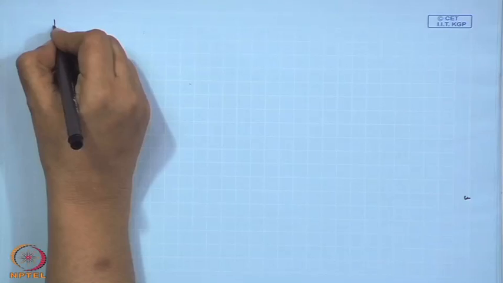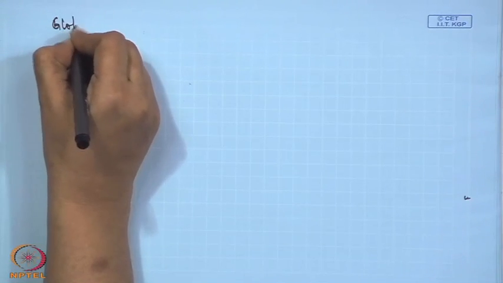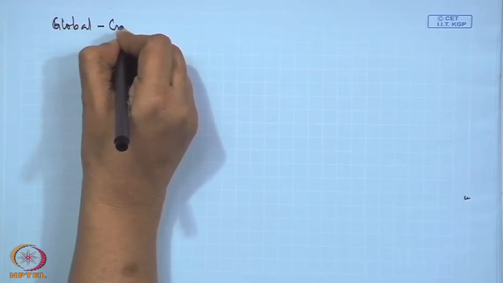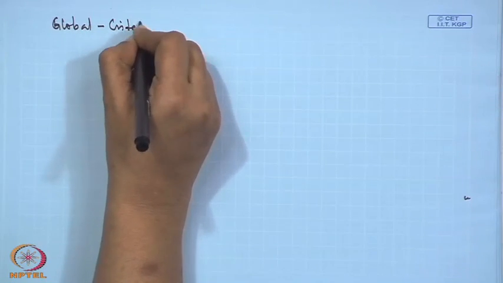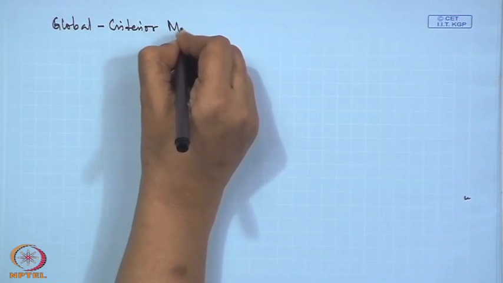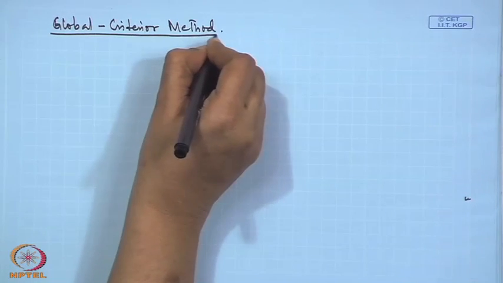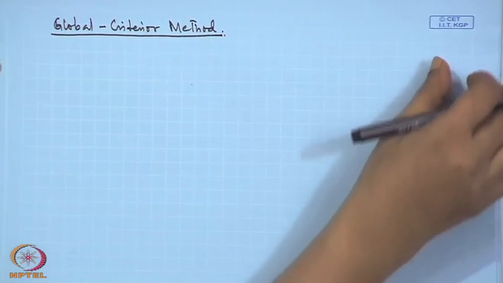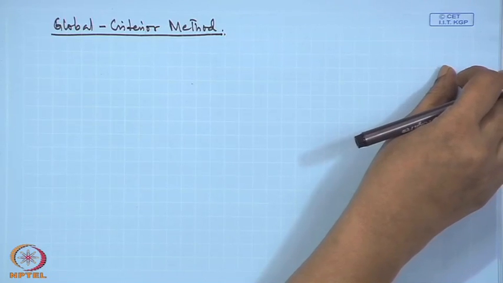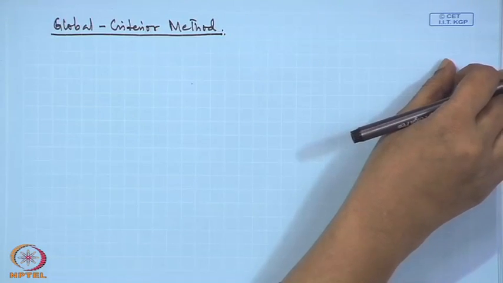oldest method as such is called the global criterion technique. What it does, in this method we do not need any subjective information regarding the preference of the decision maker, but very easily we can solve this method.